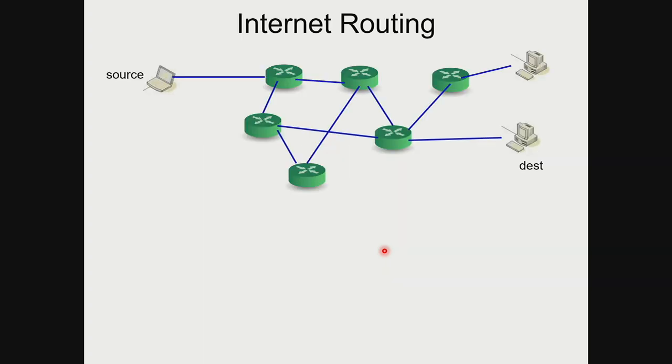Other applications are internet routing. So let's say that you are trying to ping google.com, and there are multiple ways to go through that because there are routers put in different places around the globe, but you want to achieve the minimum latency to reach the destination router, which is google.com, right?